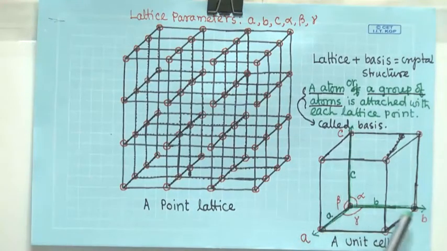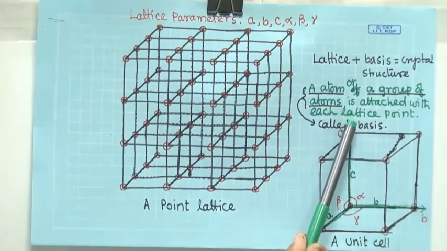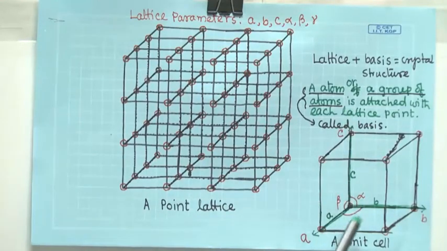We define three axes, A axis, B axis, C axis, and the angles between them are alpha, beta, gamma: opposite to A the angle is alpha, opposite to B the angle is beta, opposite to C the angle is gamma.